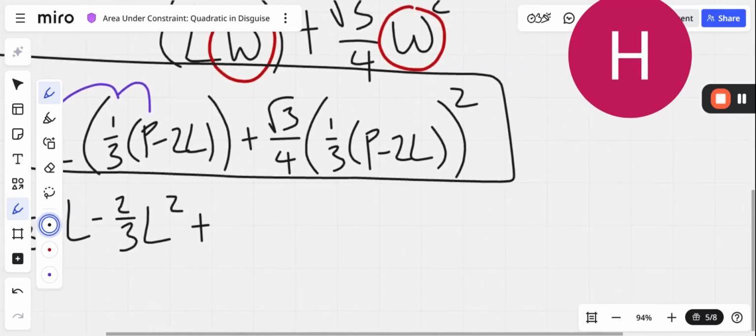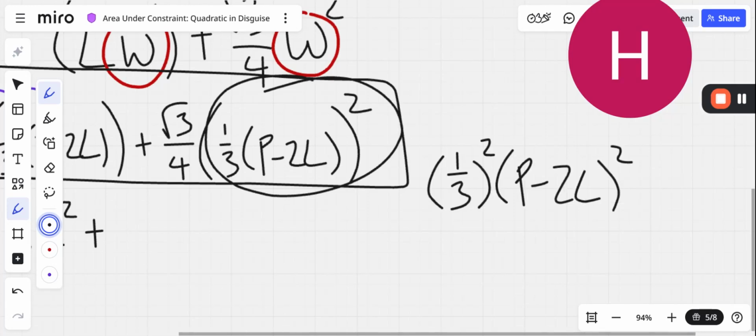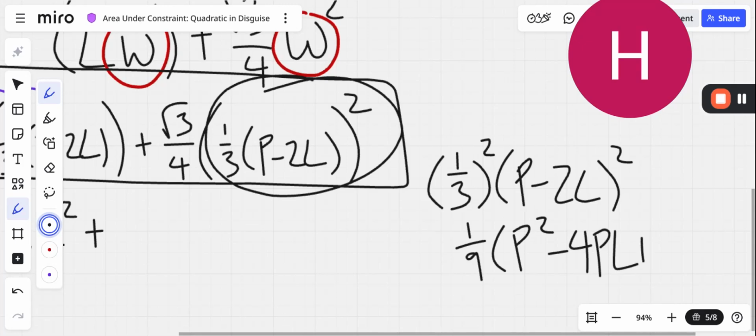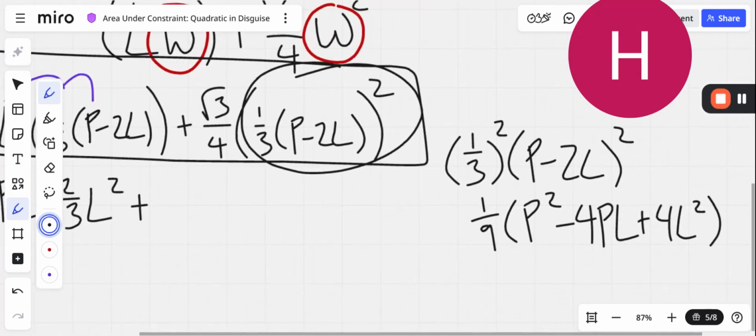Plus, let's work out this squared part here. This is going to be 1/3 squared times P minus 2L squared. That's not so bad. We have 1/9 P squared minus 4PL plus 4L squared. You should be very smooth with this kind of multiplication if you're at this stage in the game. If you're in calculus, you need to be able to expand binomials reasonably quickly.